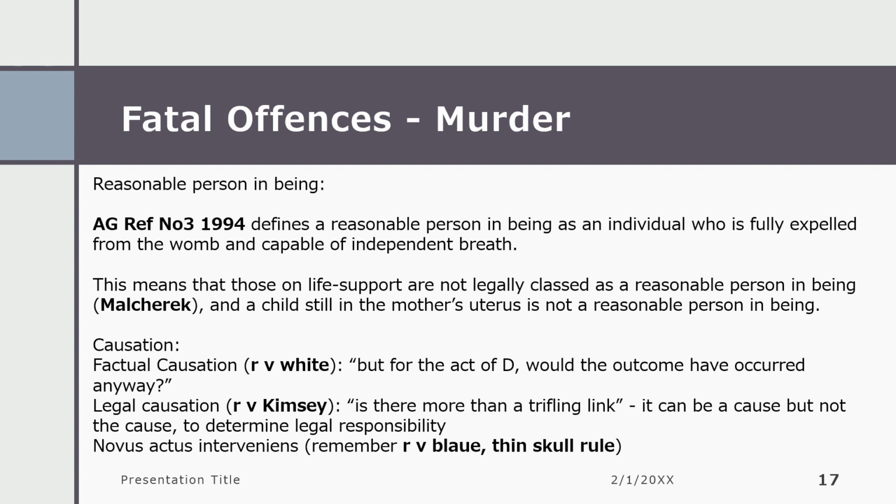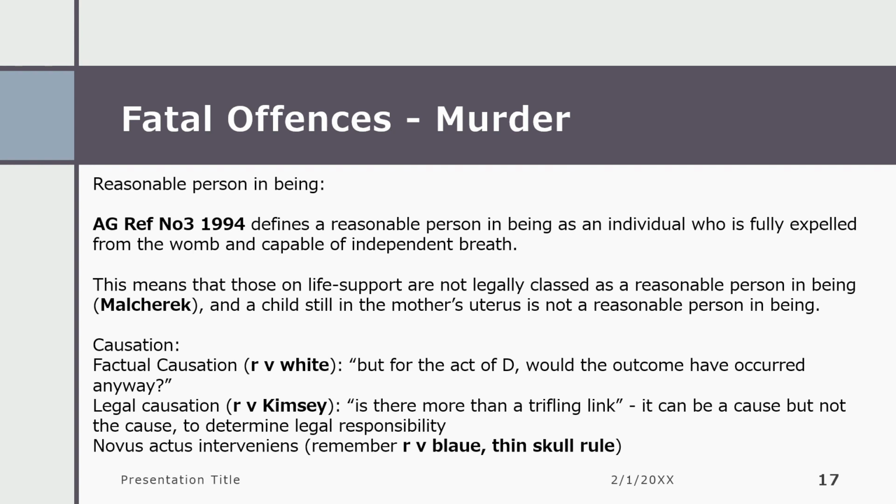However, how the courts will deal with this, I'm not entirely sure. This means that those on life support are not legally classed as a reasonable person in being. So that's Malcherek, and a child still in the mother's uterus is not a reasonable person in being either.